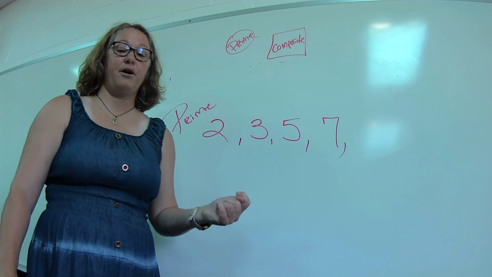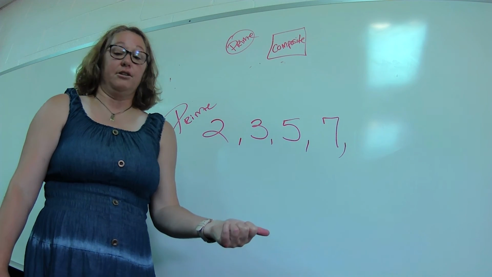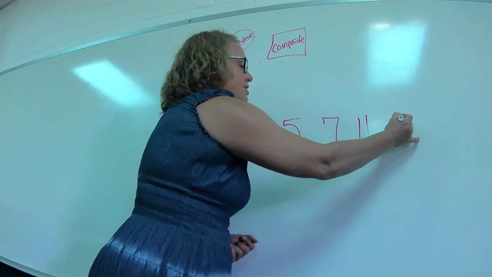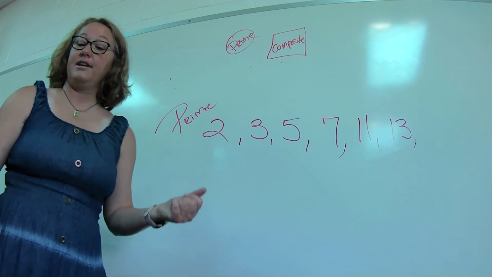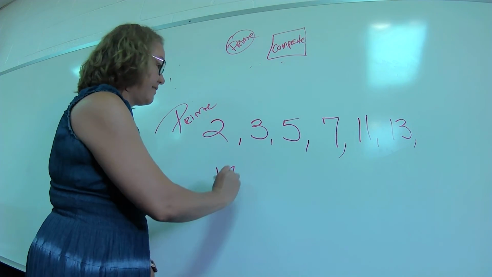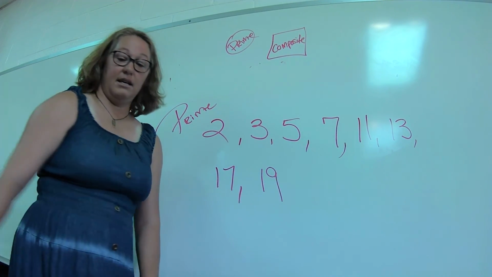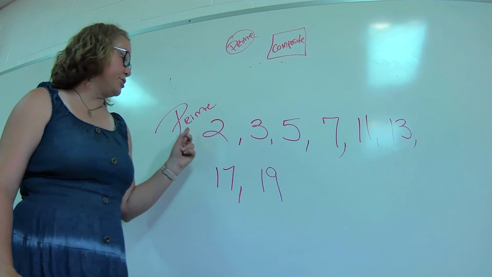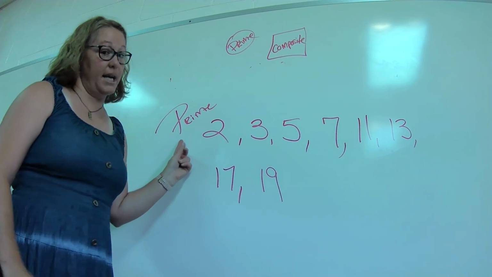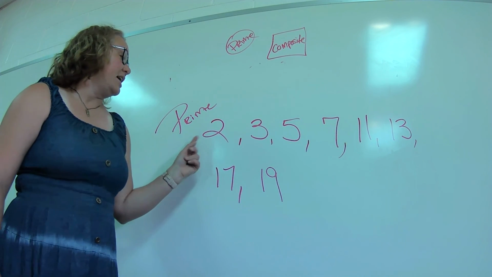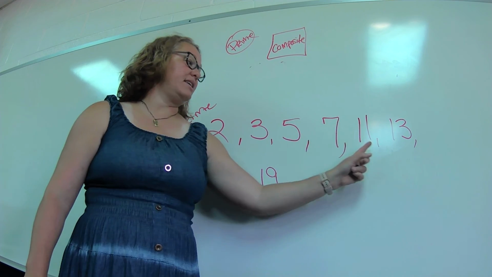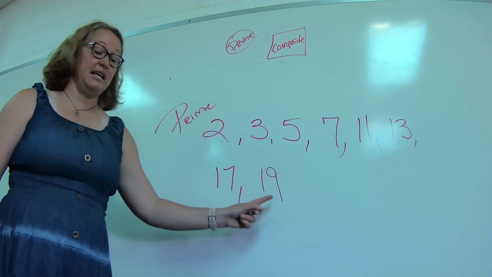Nope. It has many parts. 10 is even, so it can't be prime. 11, 13, 14's even. 15 has many parts. 16 is even. 17, and then 19. These are your prime numbers, 1 through 20. We don't count 1 because it's neither prime or composite. And so the prime numbers are 2, 3, 5, 7, 11, 13, 17, and 19.